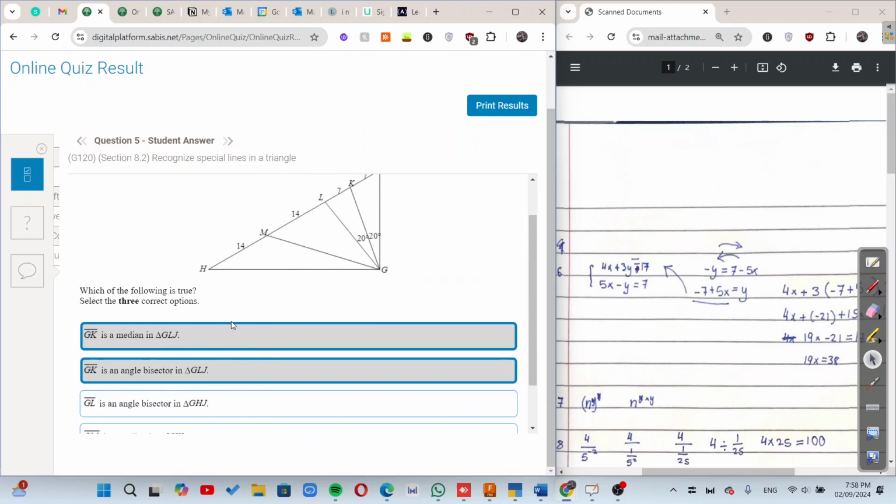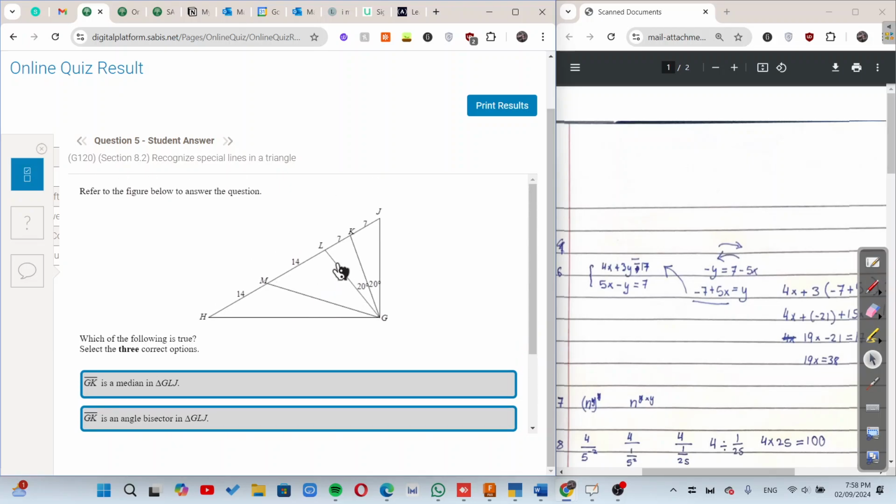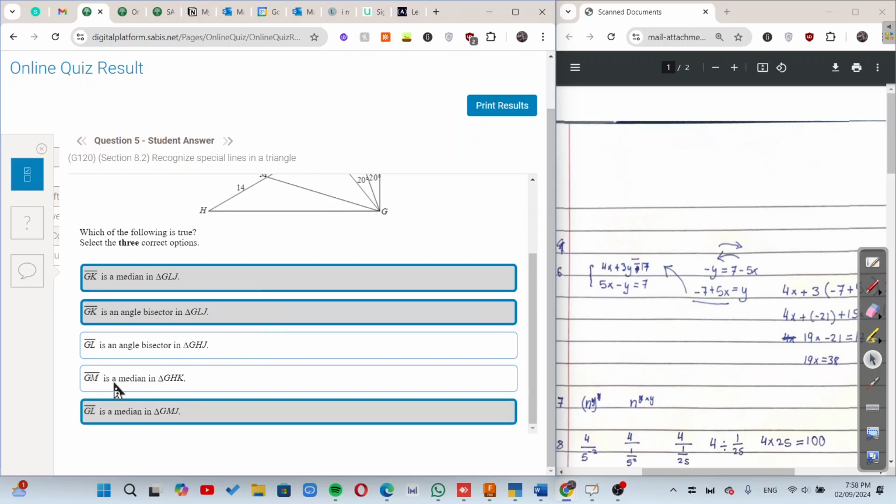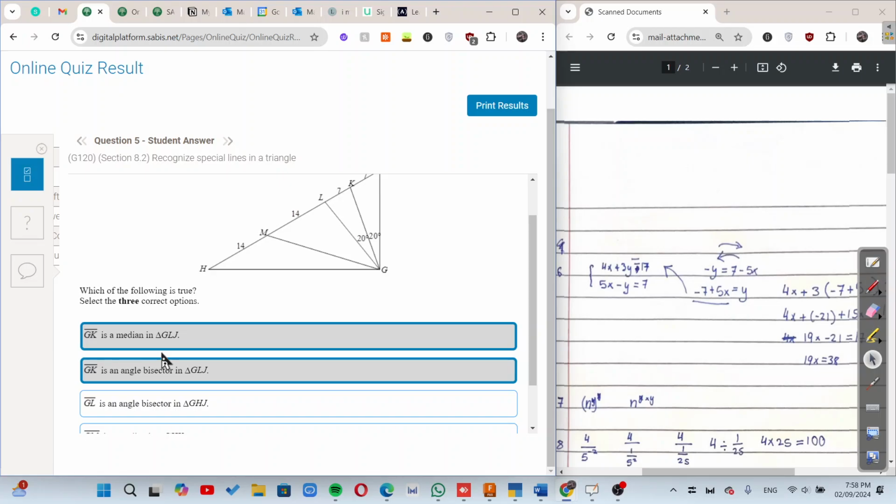Is JL an angle bisector in JHG? It's not an angle bisector because we do not know these two angles, so we can't say. Is GM a median in GHK?